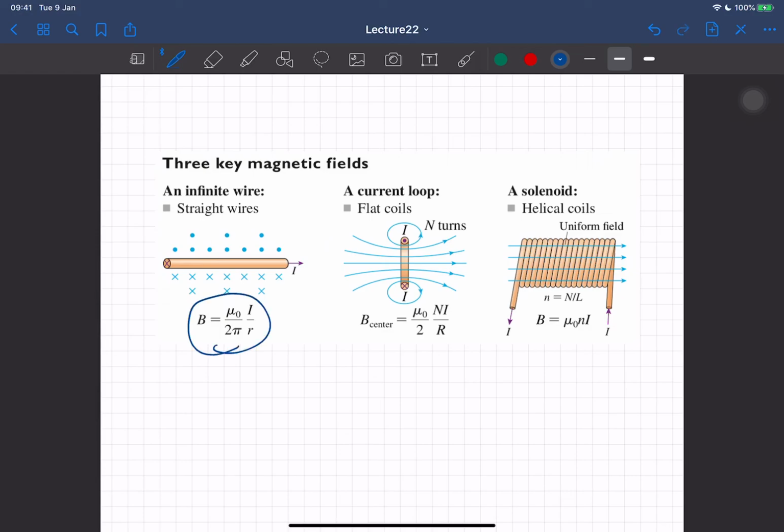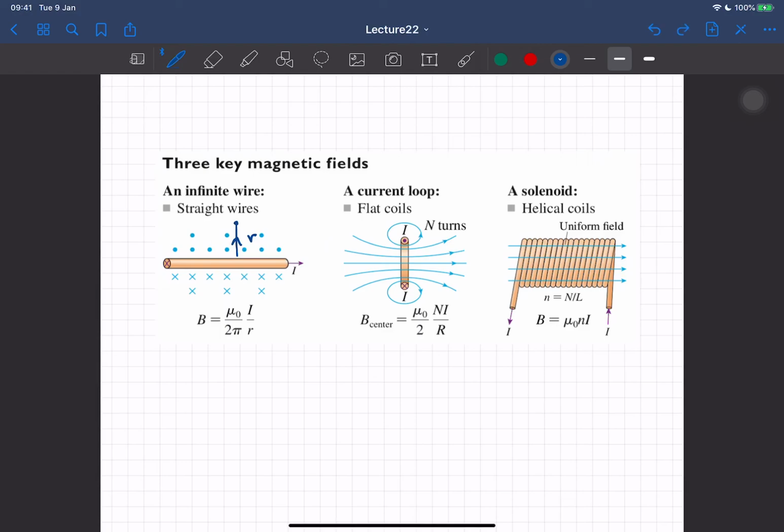So this one is what we just calculated on the previous page. It's the magnetic field at a distance r from the wire, and using the right hand rule, you will see that the magnetic field above the wire is pointing out of the page. So that's why you see dots here.